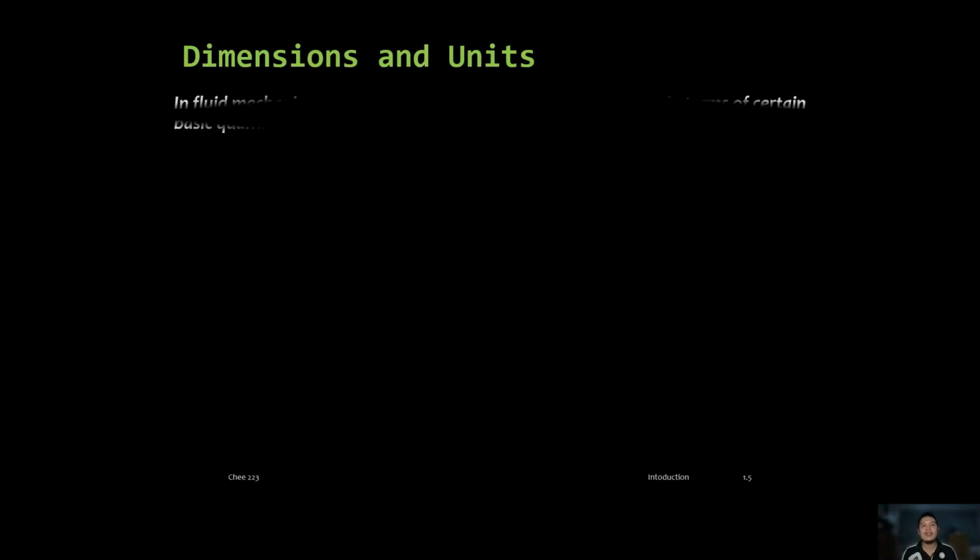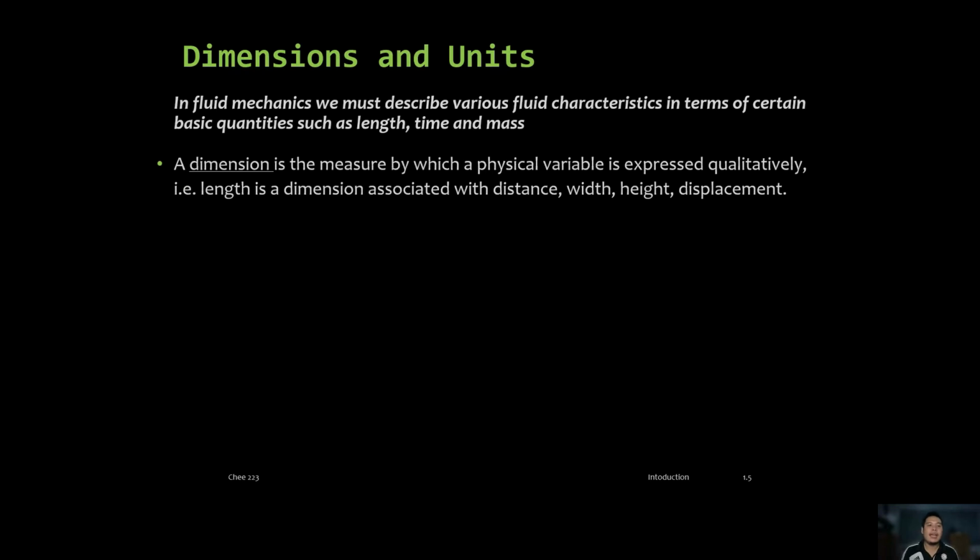Okay, and units. In fluid mechanics, we must describe various fluid characteristics in terms of certain basic quantities such as length, time, and mass. A dimension is a measure by which a physical variable is expressed qualitatively.